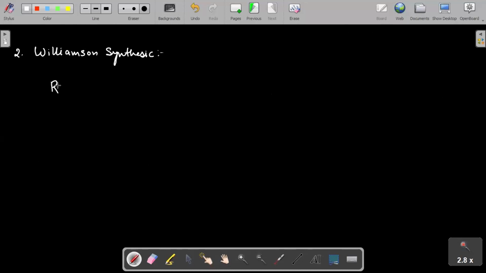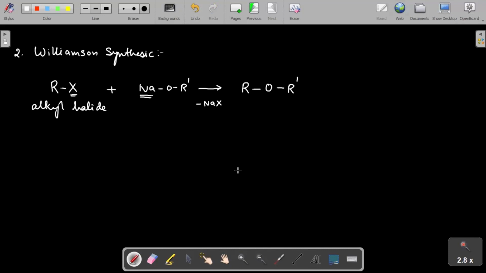In this reaction, alkyl halide reacts with sodium alkoxide. What happens here is sodium and halogen get subtracted as NaX, and ether is formed, R-O-R'. This is your ether.